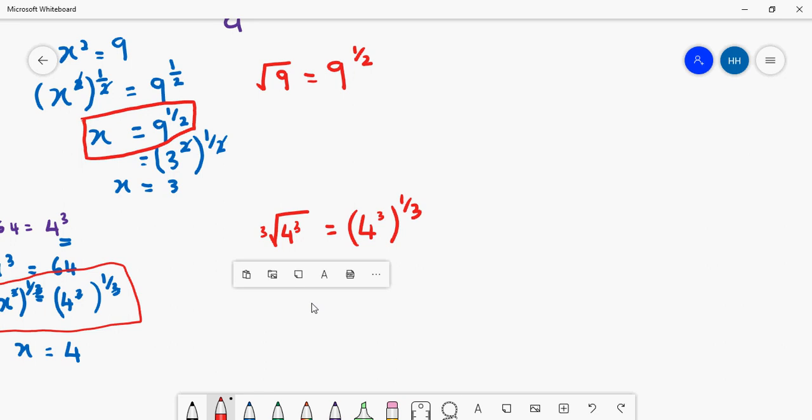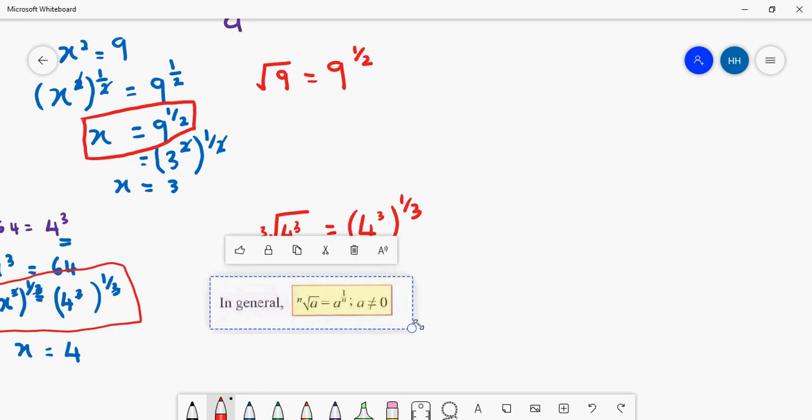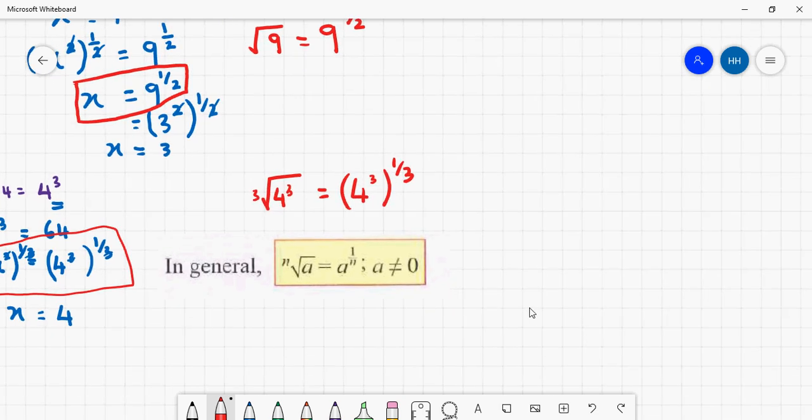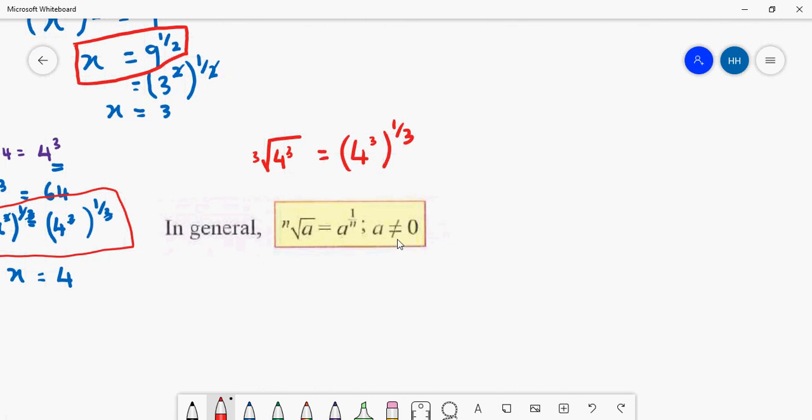So the conclusion is, from the textbook, you also can see that for any number a, except 0, a cannot be 0, the n root of a is equal to a to the power of 1 over n.